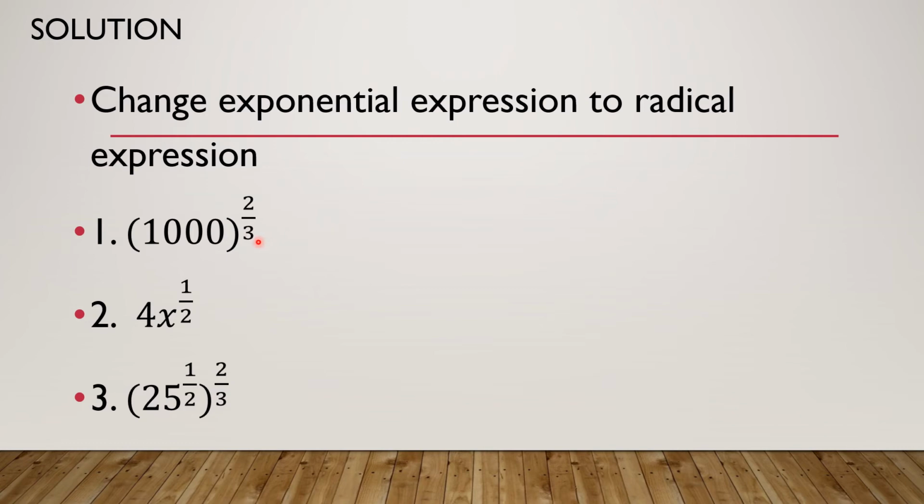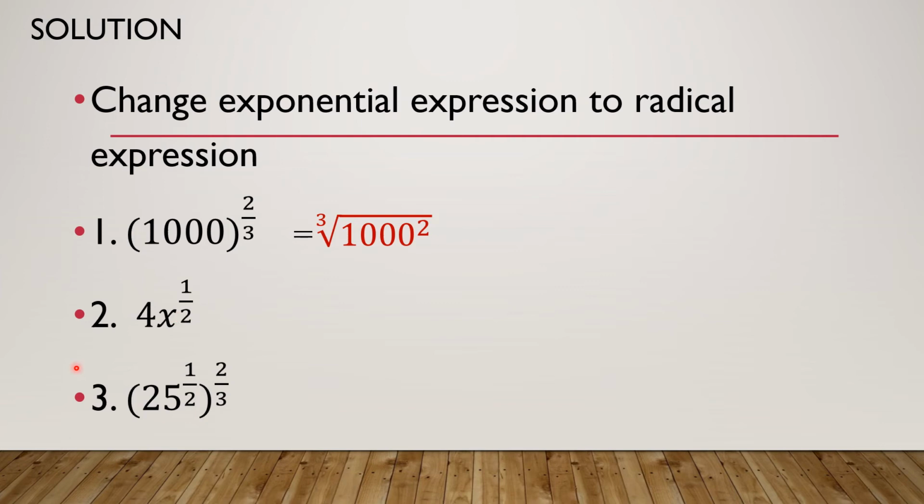So, kung mapapansin nyo po na ang denominator po niya ay 3, so yan po yung magiging index natin. So, ito po yung sagot. Index po natin ay 3. Then, ito pong base natin na 1,000, siya po yung magiging radicand natin. Then, yun pong atin pong numerator, siya yung magiging exponent po ng radicand natin yung nasa loob po.